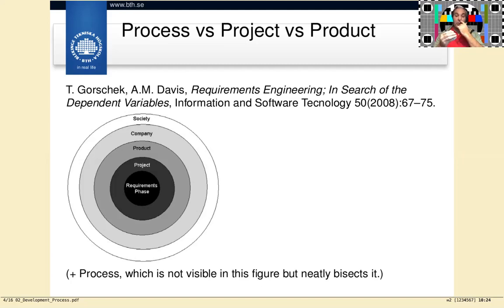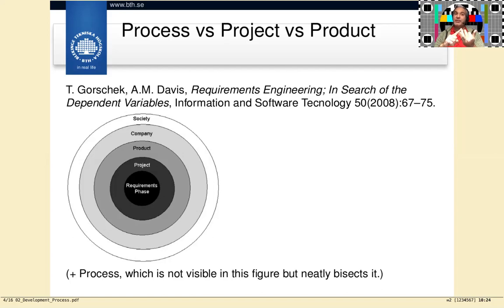The next level, project. Well, what's the goal of a project? What's the success criteria for a project? Well, it's that we finish on time and on budget, right? If we haven't developed everything, if we're not finished with the development, that's not the problem of the project.